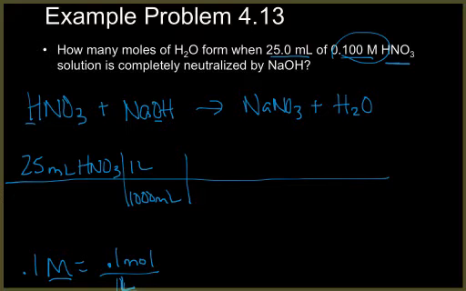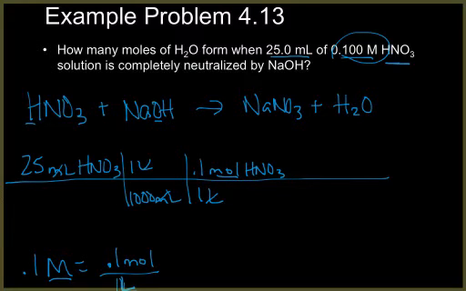Because it has moles and liters, I can use that as a conversion to get from volume to moles. So I'm going to put my 0.1 moles per 1 liter, and this again is HNO3. That allows me to get rid of milliliters, get rid of liters. Now I'm in moles of HNO3.